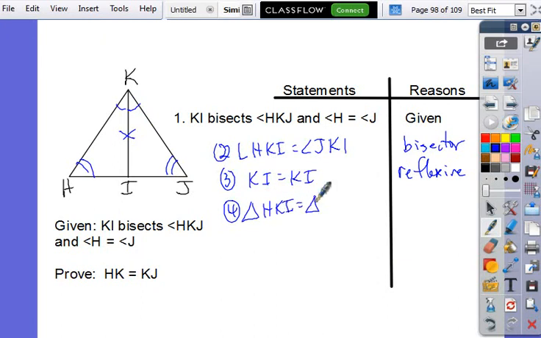JKI. And that is angle, side, angle. Once I have the triangles being the same, then I can come to the prove part and say HK has to be equal to KJ because of CPCTC.